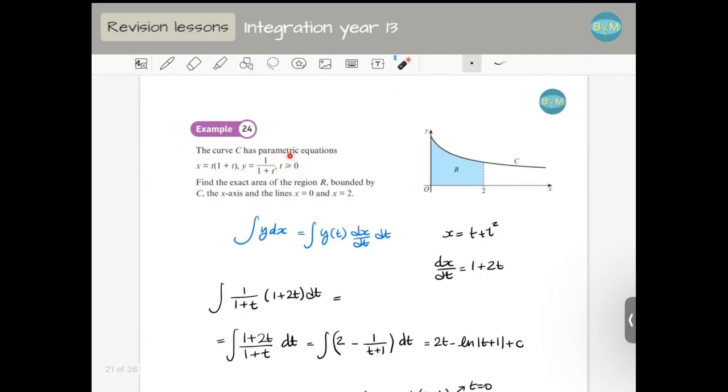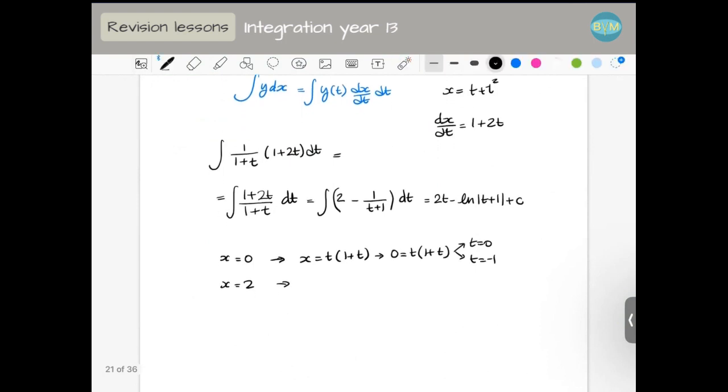We are going to use 0, because t is greater than or equal to 0, which means it cannot be minus 1. So I'm going to integrate from 0, and then x is 2 means 2 equals t times (1 plus t).